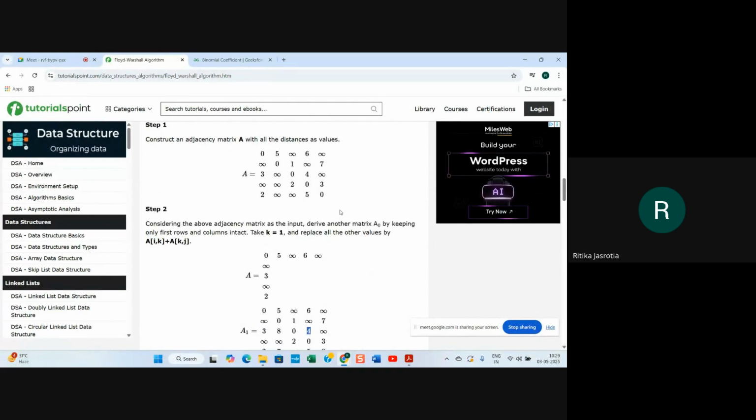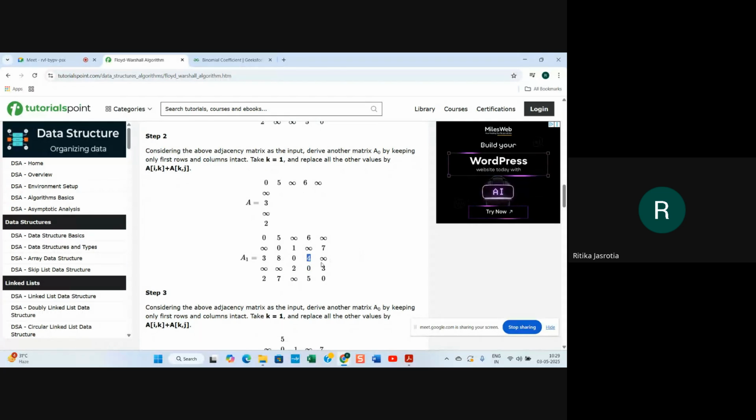And what is here? 2, 4. 2, 1 plus 1, 4. 2, 1 is infinity, 1, 4 is 7. Infinity plus 7, here it should be 7, I think.